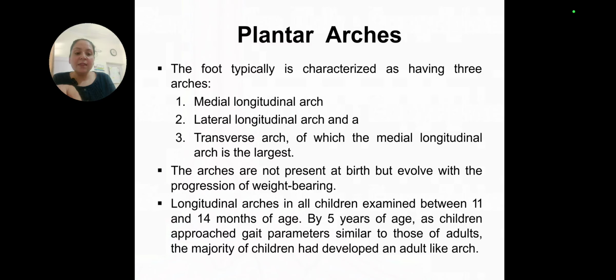Let us see which structures are responsible for the maintenance of these arches. One is the anatomical structure: the inclination of the calcaneum, the inclination of the metatarsals, and the wedge shaped structure of the cuboid, cuneiforms, or metatarsals.